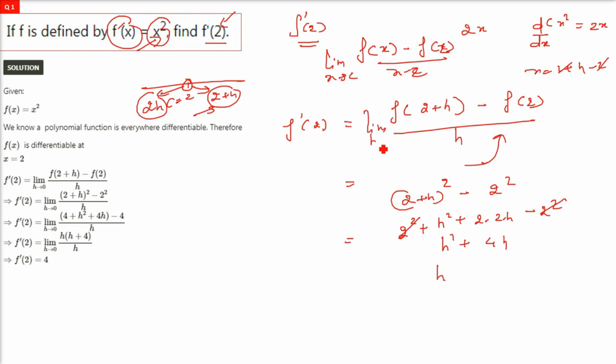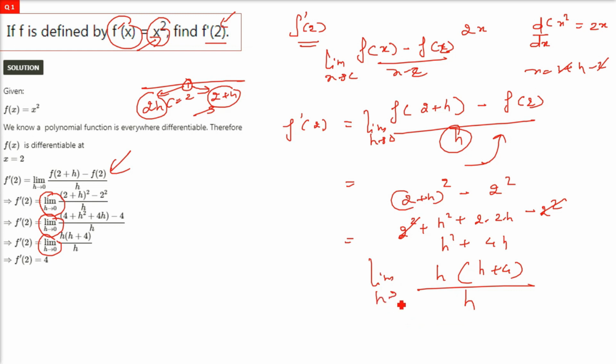So please remember, limit h tends to 0 and h in the denominator is always there. I am not writing it just because I don't want to waste time and want to keep the effort as low as possible, because the main idea is for you to understand the logic or reasoning. The denominator was already h, so you can just cancel h and h. As h tends to 0, this is going to be 0, you get 4. So f dash 2 is what? 4. That's the answer.